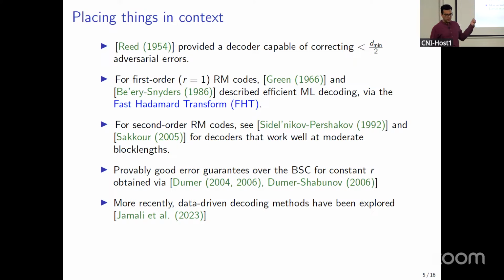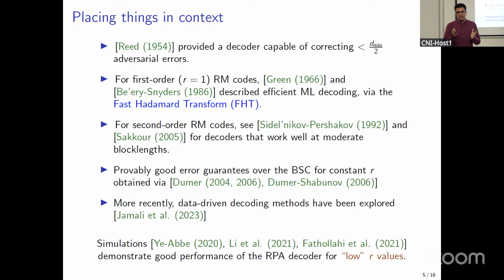But the structure of the RPA decoder, as we'll discuss, is quite similar to the kind of strategy that was employed by Dumer, but is different in some respects, which makes his analysis quite different, in fact. And more recently, there have been data-driven methods, like machine learning-based methods, for decoding Reed-Muller codes. So where does the RPA decoder fit in all of this?